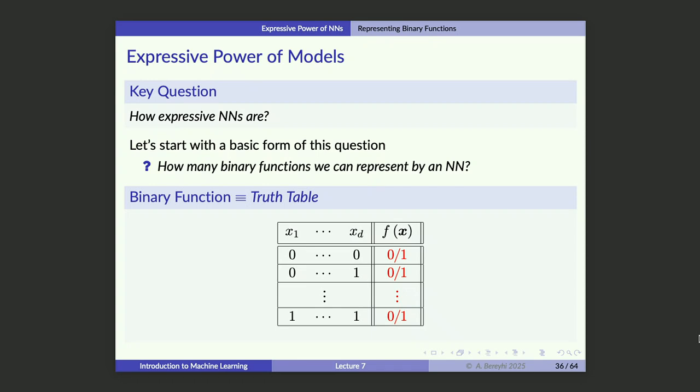Yes, exactly, 2 to power 2 to power d. You have 2 to power d different cases, every single one of them could be binary. So you are going to have 2 to power 2 to power d different cases. This is the number of possible binary functions you could have if you have d different inputs.